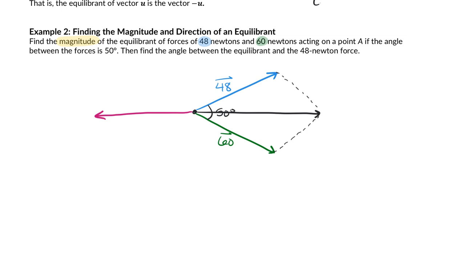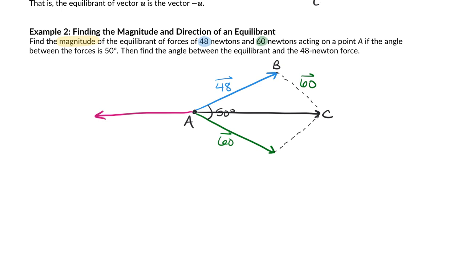Okay, we're going to call this point A. We'll call this corner B and we'll call this corner C. If that blue part is 48 newtons, then from B to C, because this is a parallelogram, will also be 60 newtons. Again, ignore the fact that this doesn't quite look like a parallelogram. It's not my best.